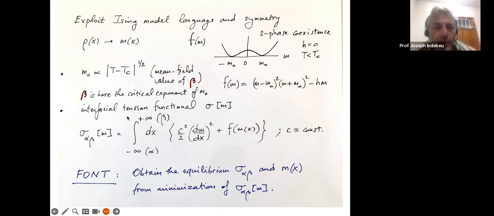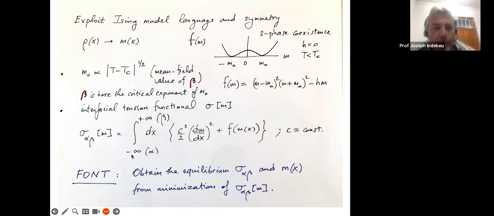And now comes the expression for the interfacial tension in the form of a functional of this order parameter m. So we imagine that m varies in space across an interface between bulk values minus m0 and plus m0.